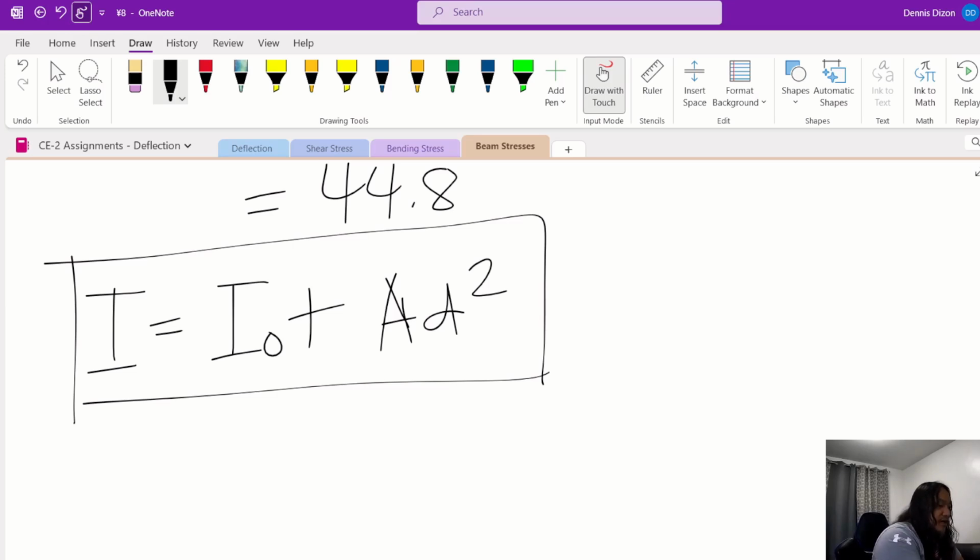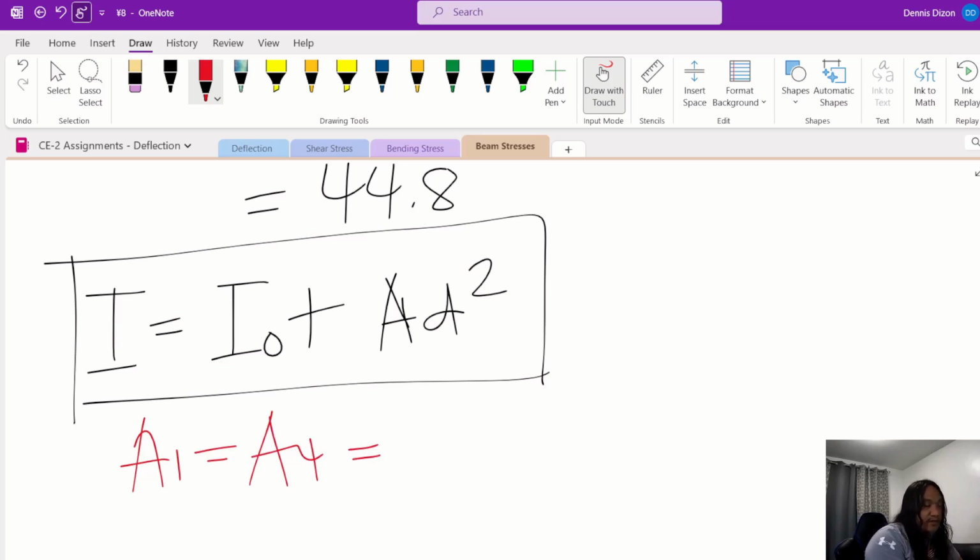So for I1, for area 1 and area 4, because that is equal to area 4, this is bh cube over 12.